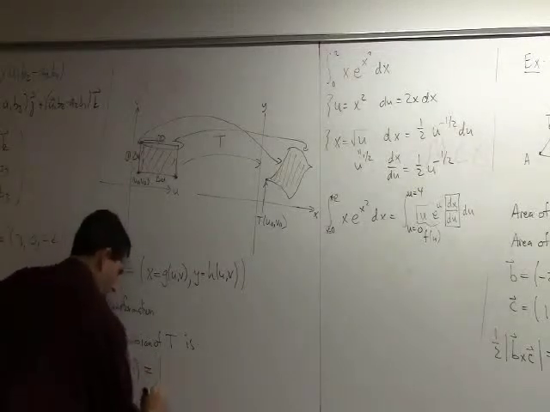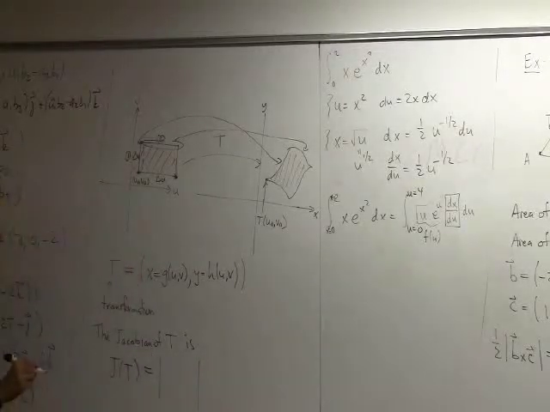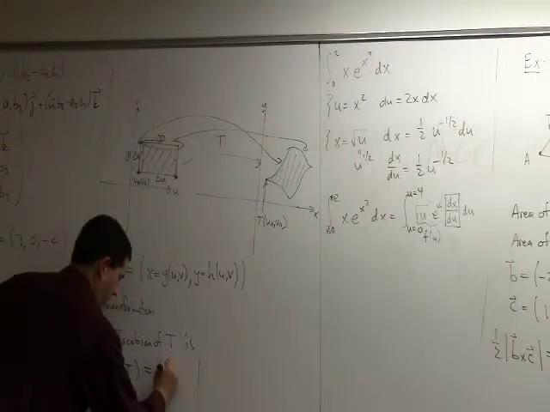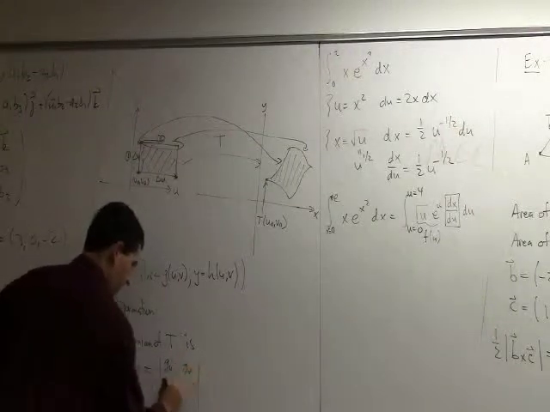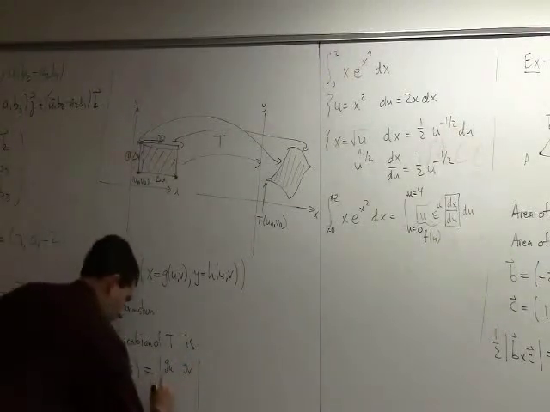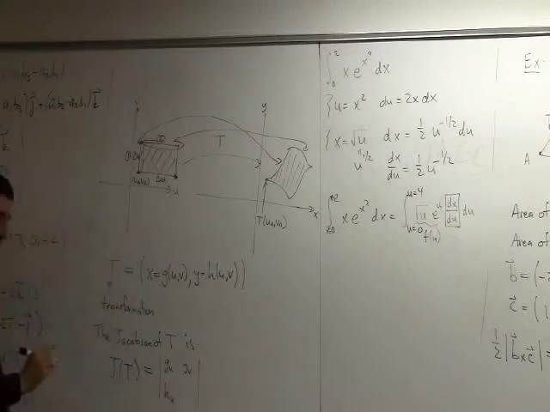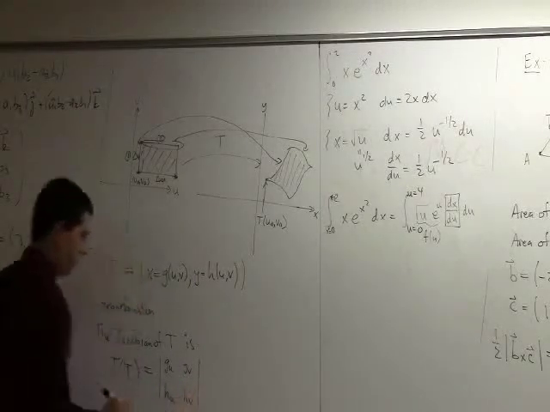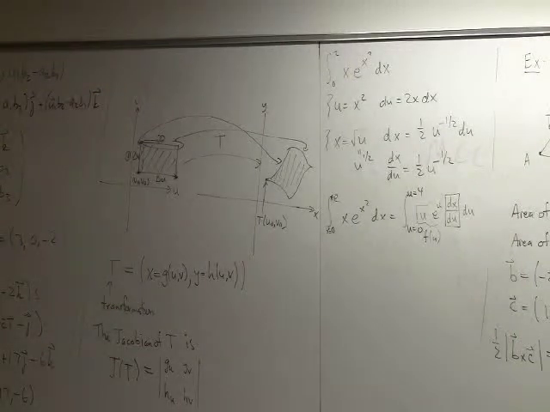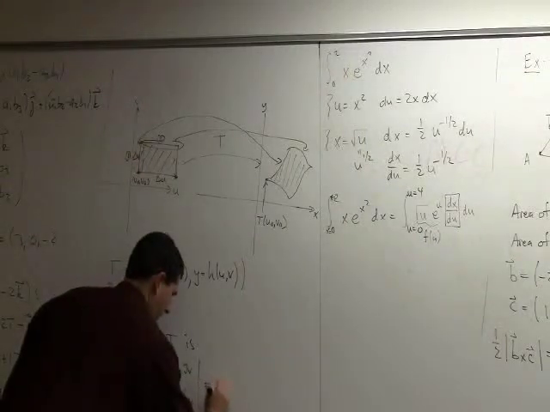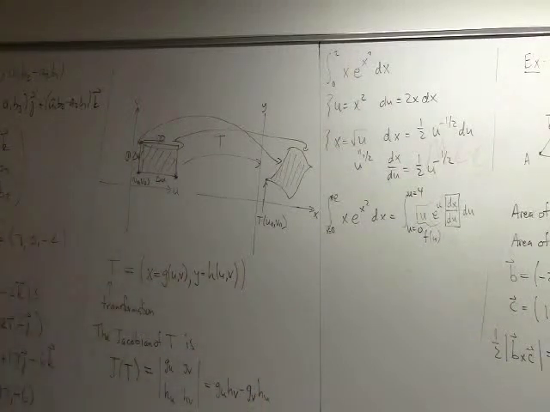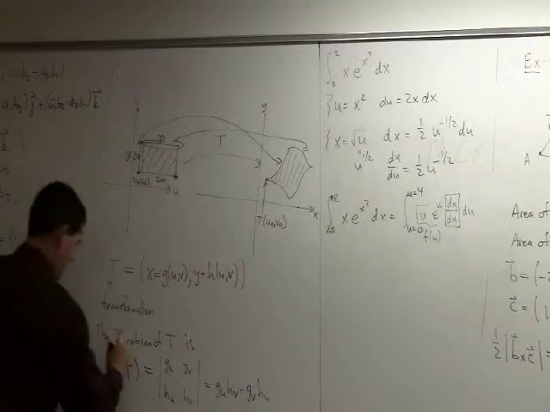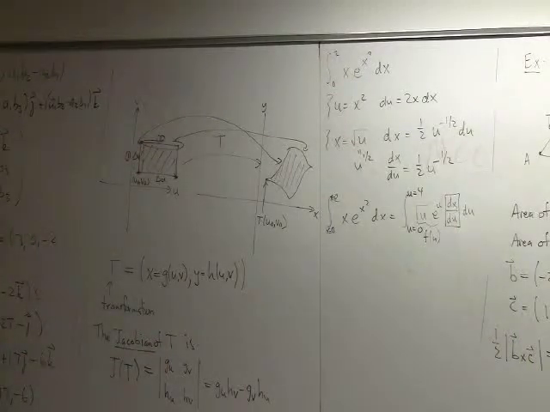And it's going to be the determinant of a matrix. And the matrix is simply, you take the partial derivative of G with respect to U, then the partial derivative of G with respect to V, the partial derivative of H with respect to U, and the partial derivative of H with respect to V. And of course you could work this out fairly quickly. This is G_U H_V minus G_V H_U. So this is called the Jacobian of T.